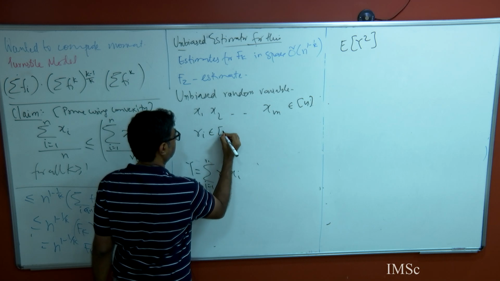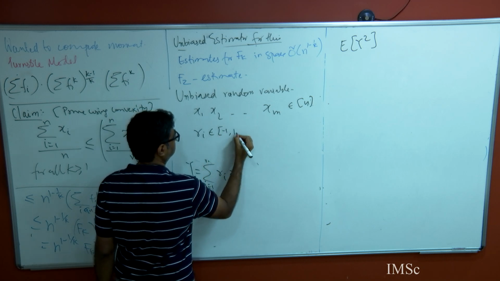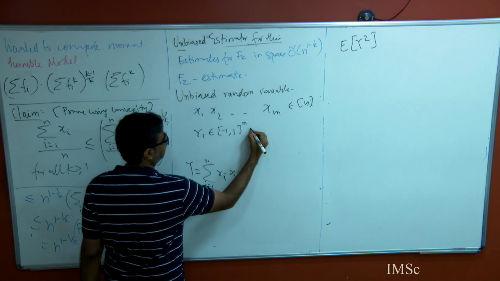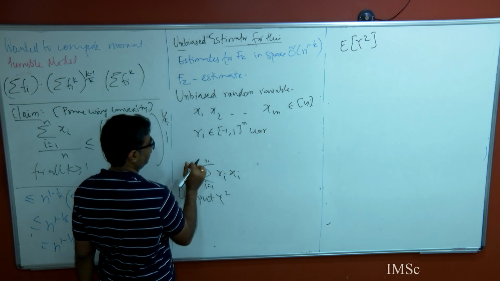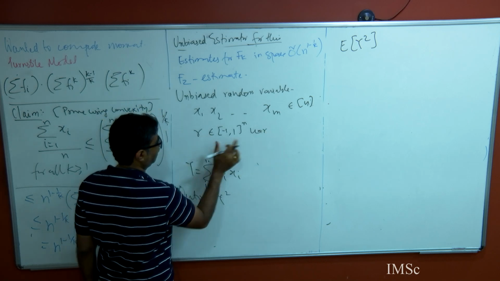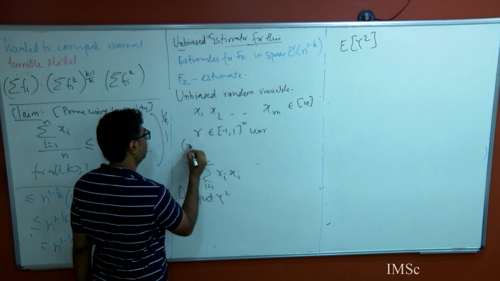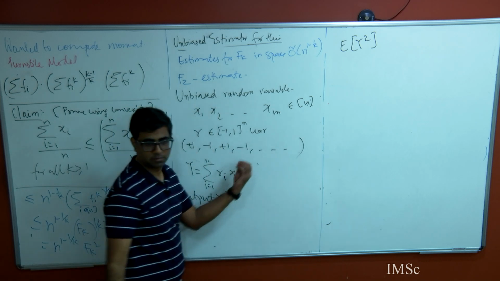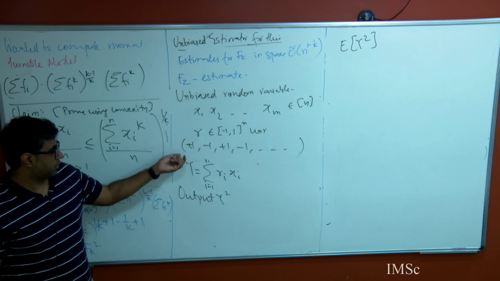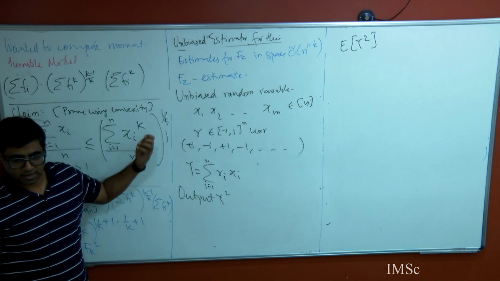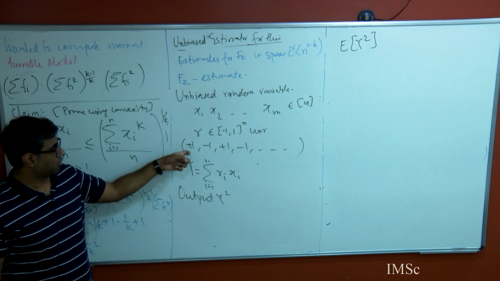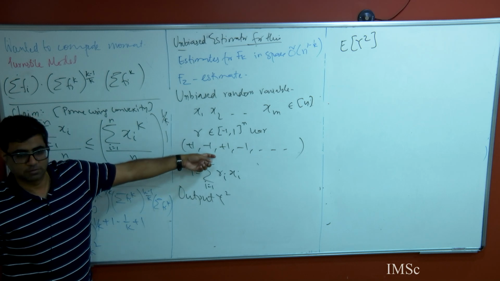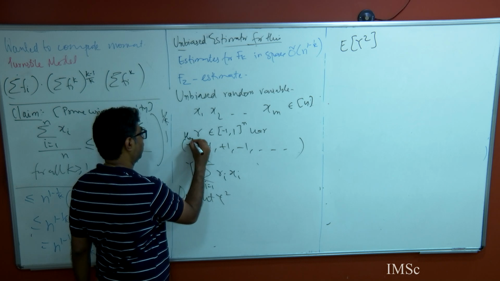So some vector R in {-1, +1}^n, chosen uniformly at random, is basically +1, -1, +1, -1 and so on, n times. For each element index 1 to n, I toss a coin. If it comes heads, I put +1; tails, I put -1.